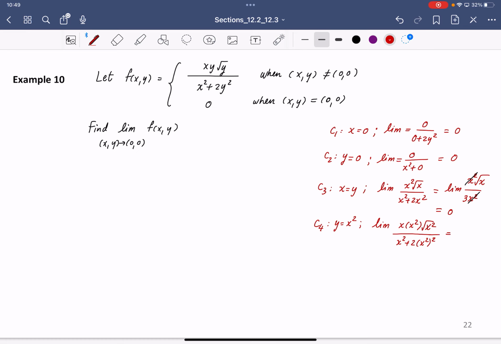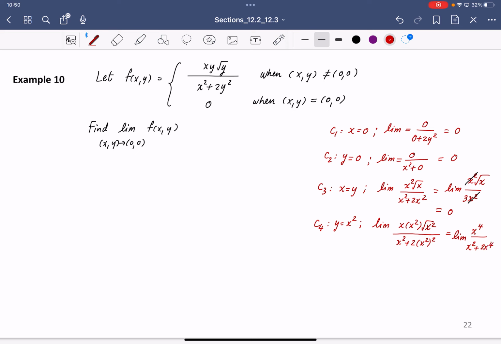If you simplify this, the top is x to the 4th power, because you have x squared times x squared. The bottom part is x squared plus 2x to the 4th power.